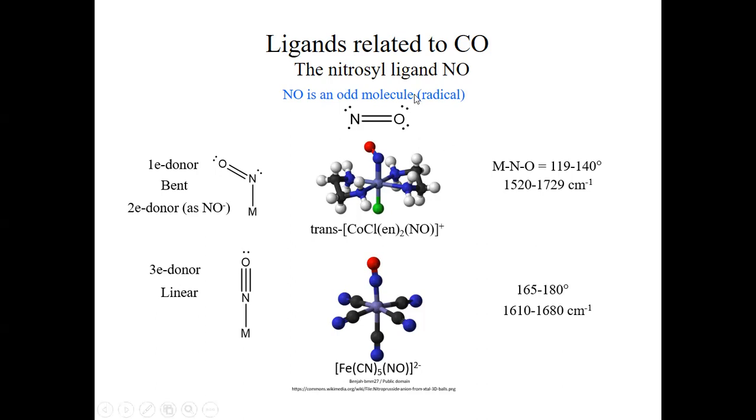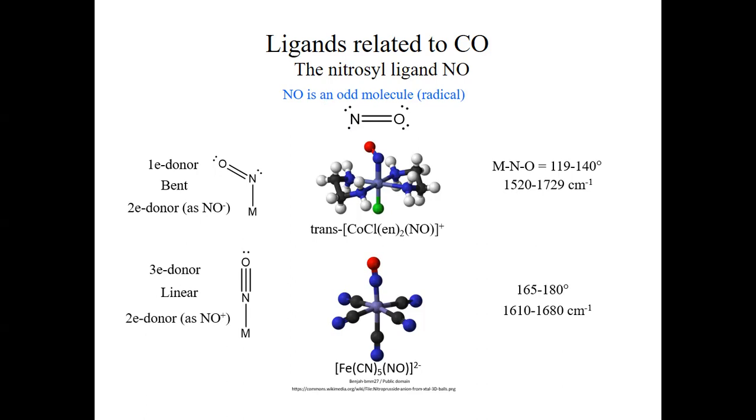And an NO minus anion would, of course, have an additional electron. So we would have then 2 electron lone pairs at the nitrogen, and that ligand would then use one of the 2 electron lone pairs to make the bond. So this is just a different formal perspective on the same issue.